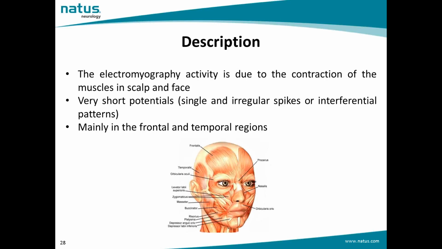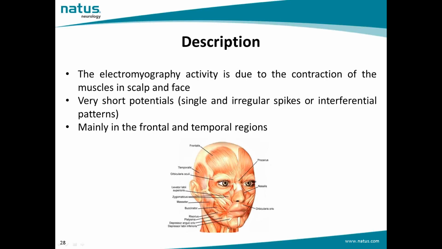Muscle activity causes very short potentials, and it can be made up of single and irregular spikes or interferential patterns. Sometimes it's not easy to distinguish the muscle activity from beta activity or epileptiform spikes.